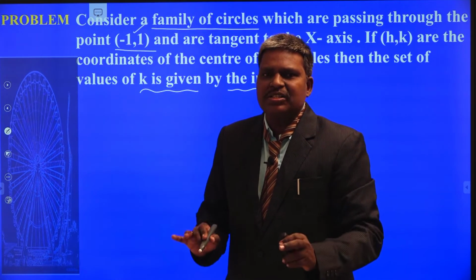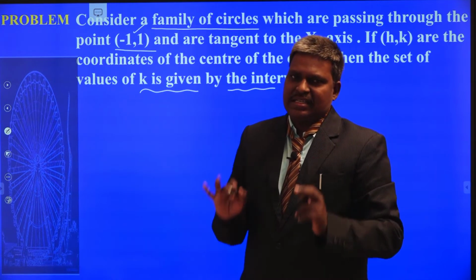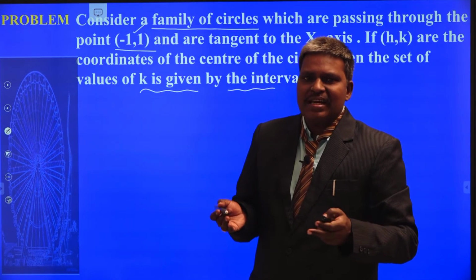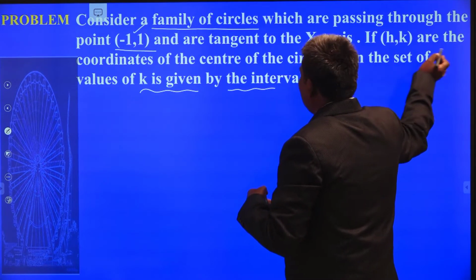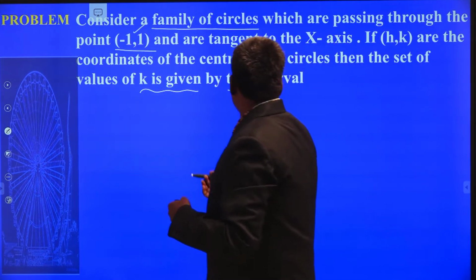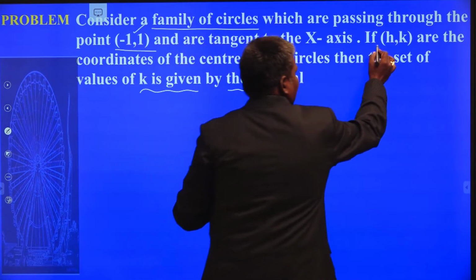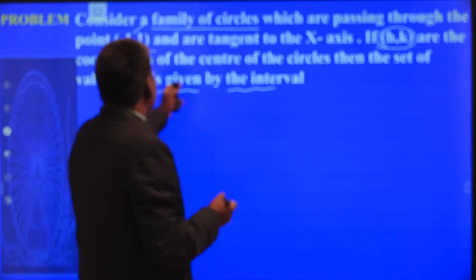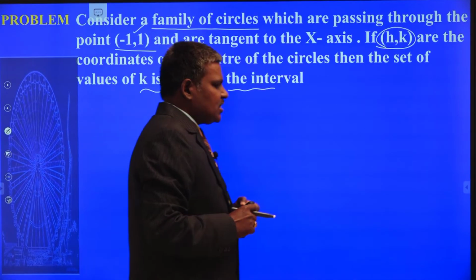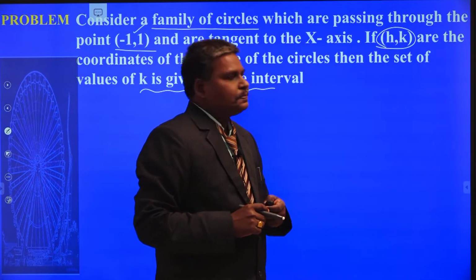They are all passing through minus 1 comma 1 and touch the x-axis. Every circle has its center. Suppose h comma k are the coordinates of the center of the circles; that means they vary from circle to circle. Then you have to give the set of values of k satisfying the interval.